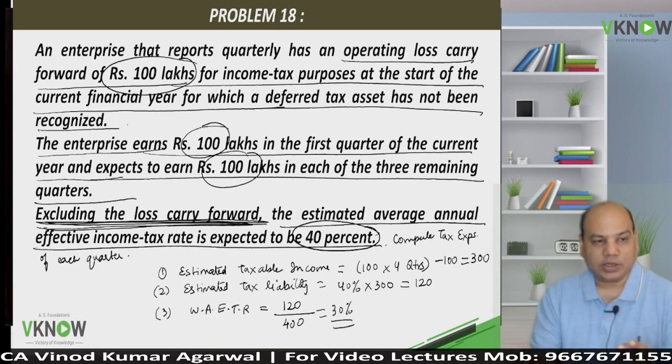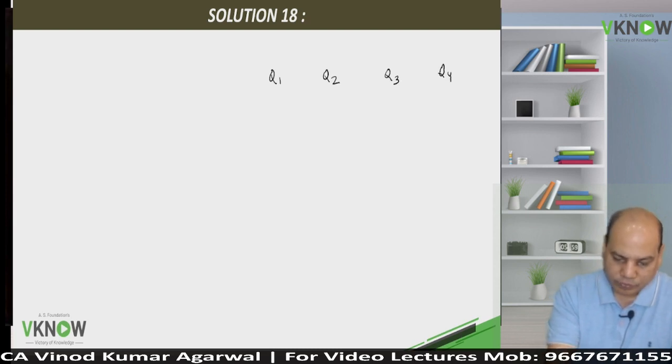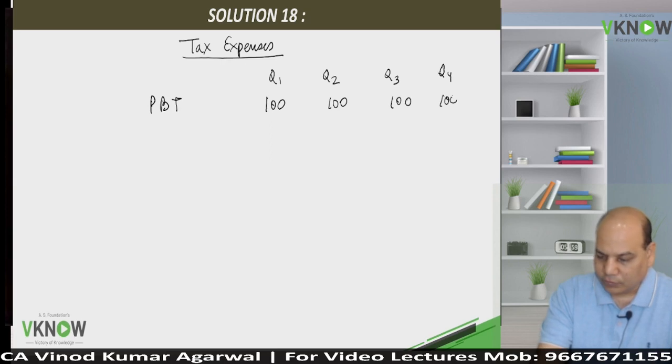I will apply 30% for each quarter. Quarter 1, quarter 2, quarter 3, quarter 4. And we are now trying to compute tax expense. They have given you PBT, which is 100 for each quarter. Figures are rupees in lakhs.